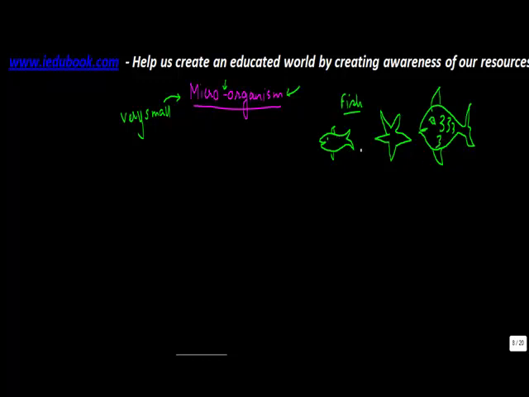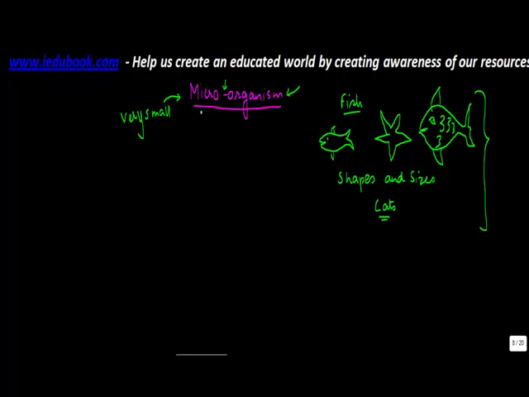So organisms are of different shapes and sizes. At the same time, you would have seen there are cats which are small. So these organisms can be of various shapes and sizes.